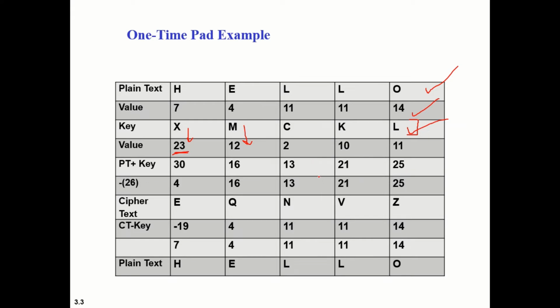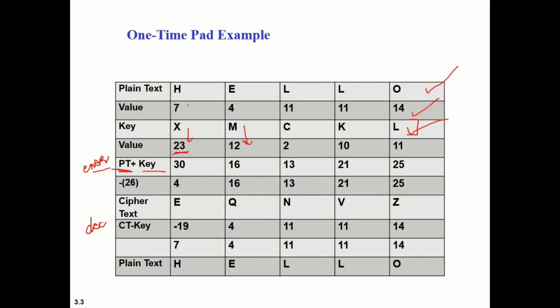Then this part is encryption, and here we are doing decryption. So how do we encrypt the message? We add the value of the plain text and the key.